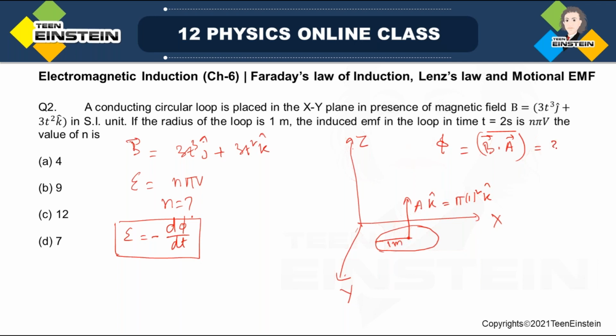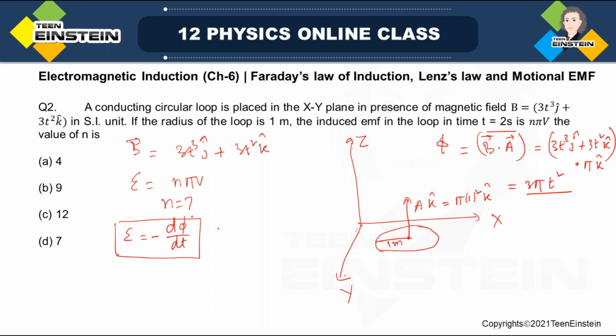So B is 3t cube j cap plus 3t square k cap, dotted with pi k cap. Let me take the dot product. j and k are perpendicular to each other, so you'll get 3 pi t square. This will be the flux.